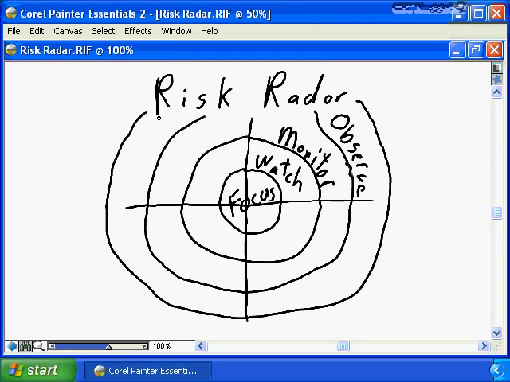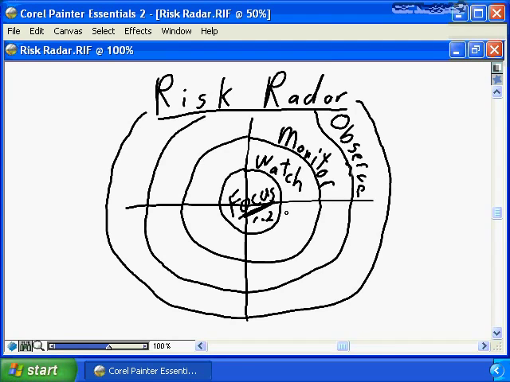The principle that we just talked about of monitoring risks that are near timeline closely and observing risks that are further out in the timeline, I like to refer to as my risk radar. We need to focus on those risk events that are in the near future, the immediate, the 1 to 2 weeks. We need to watch the risk events that are further out on our timeline, the 2 to 4 weeks.